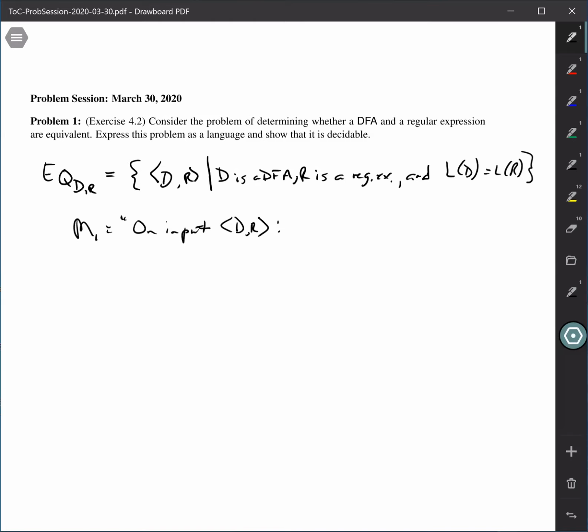So we have an input, we have to say what the input is. And now we're going to describe the steps that it takes, right? So all of those started off exactly like this. It named the Turing machine. Here we're naming it M1. It said what the input is, on input D,R. And then there were a sequence of numbered steps, 1, 2, 3, 4, however many you need.